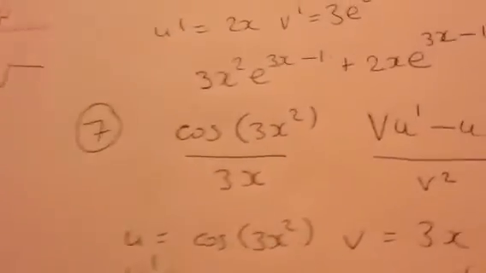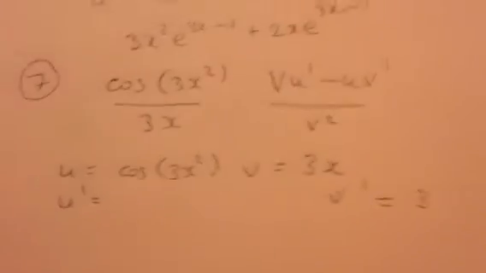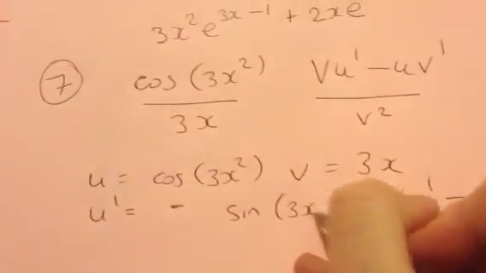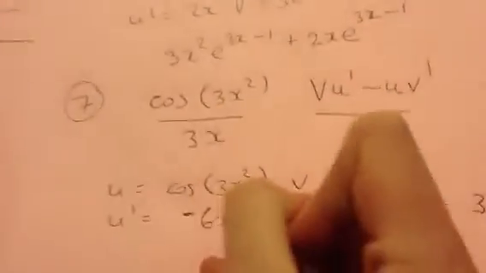So u dash, v dash is 3. Now u dash is basically minus sine of 3x squared, but then you times by the differential of the bracket or the thing that you're cosing, so minus 6x.